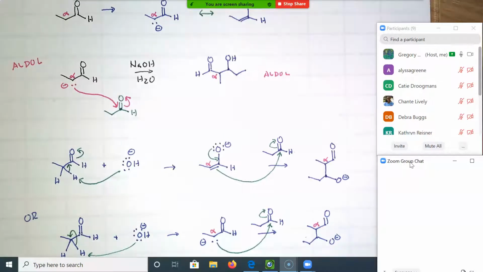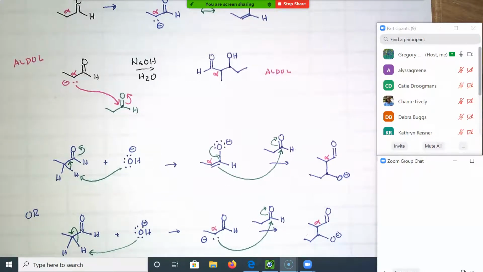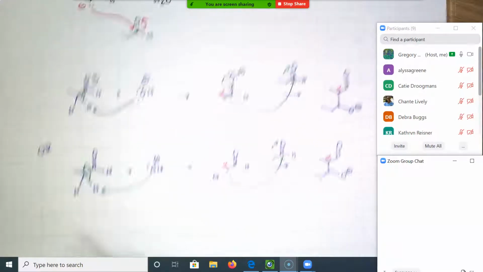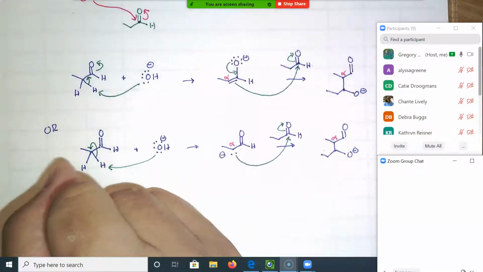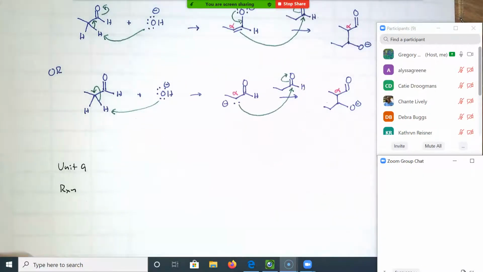Why don't I show you the last new reaction, and it's actually a sequence of reactions, to finish out this unit. Okay. So unit 9, and this is reaction... okay, give me a second. Let me find it.